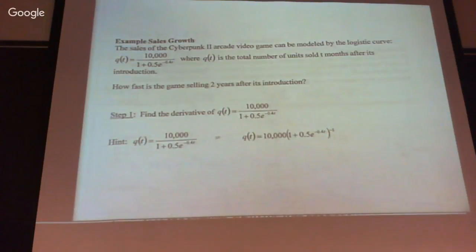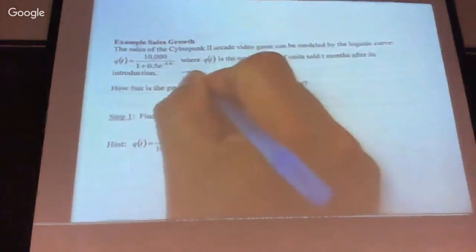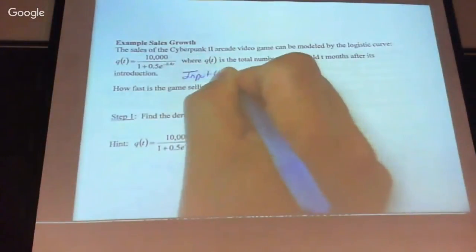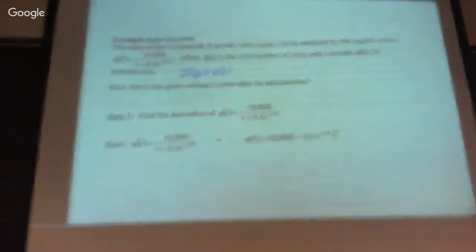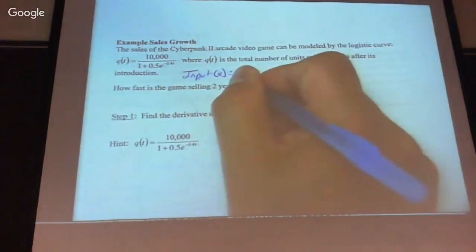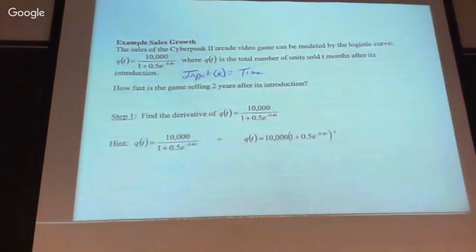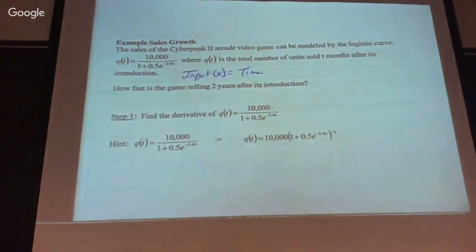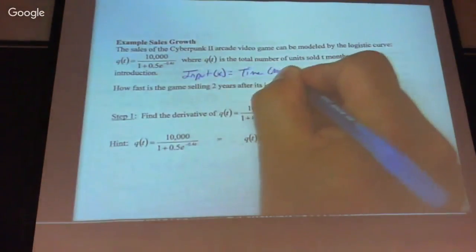So this last word problem, I don't want to stress too much about it, but I do want to give you experience with harder ones. So this would be a harder example. And just to get it started, our input x is going to be time in months.